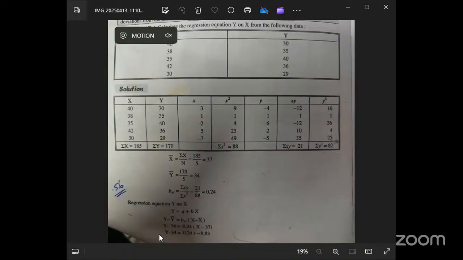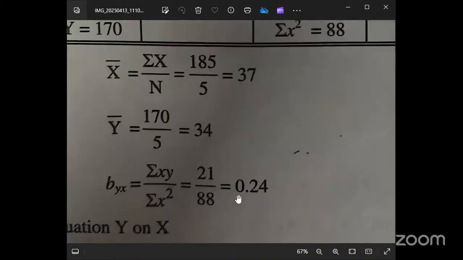Here we don't know y, and we know x bar. x bar is 34, and we know byx. The byx value is 0.24.